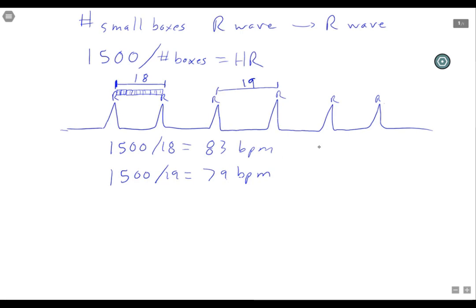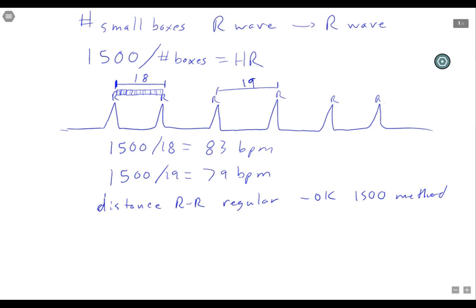So as long as the distance from R to R is regular, that basically means the distance between any two R waves is the same on the whole ECG, you're okay to use the 1500 method.